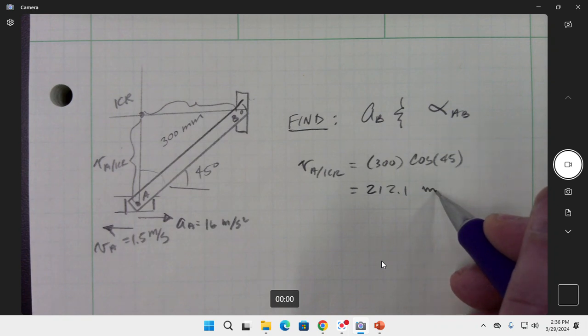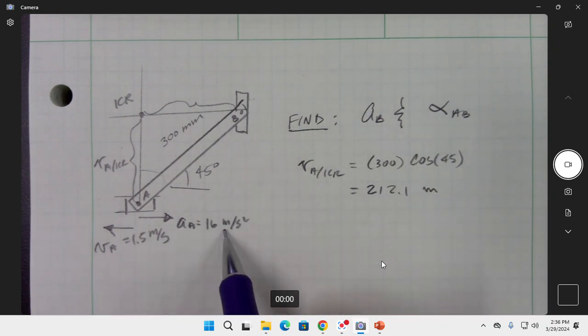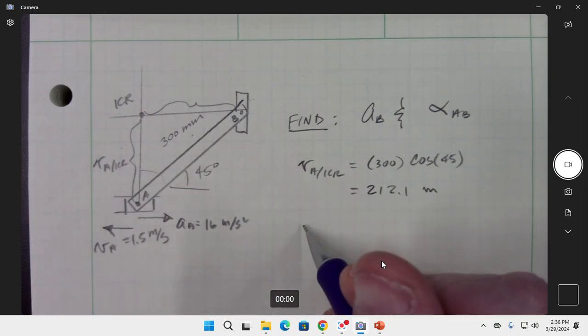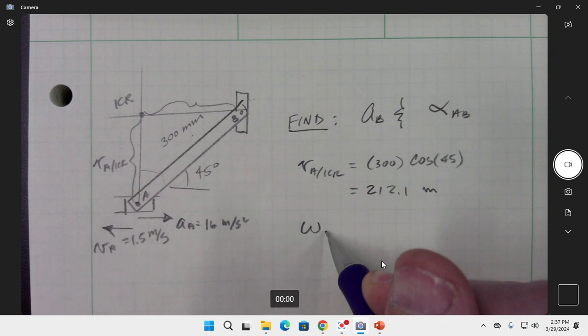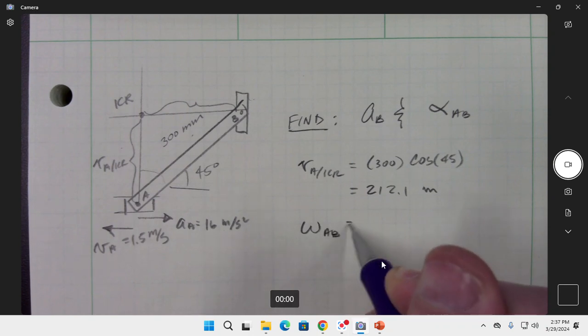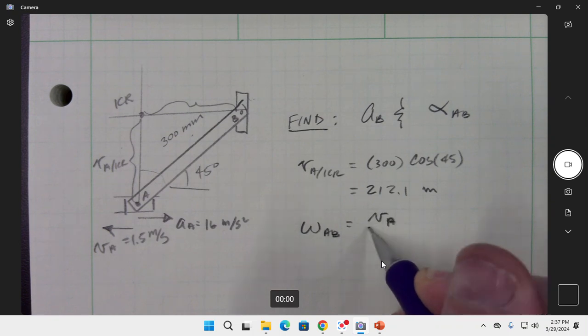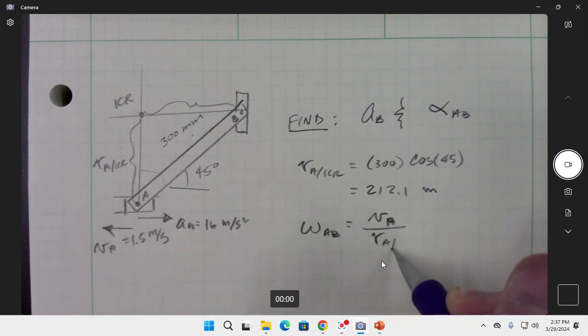These are millimeters. Yeah, the dimensions are millimeters, but these are meters. Okay. So you can find the omega of AB. It's going to be VA over RA ICR.